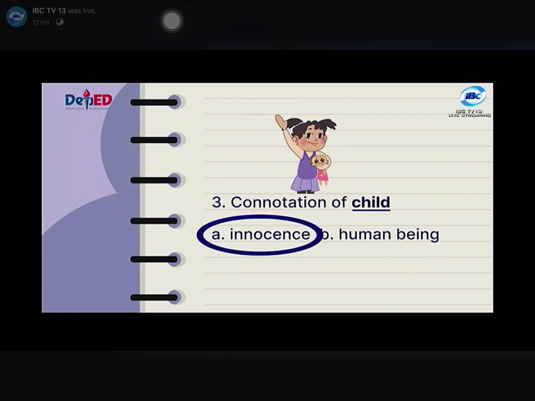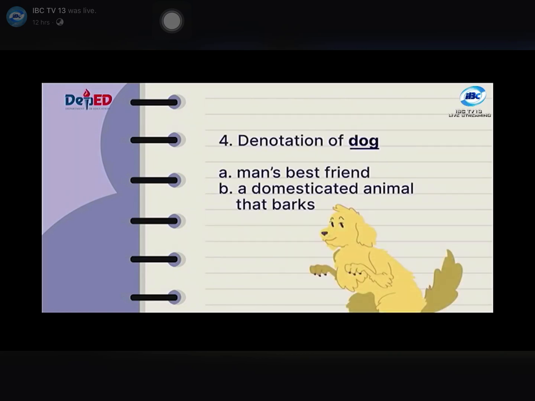Now, let's go to the denotation meaning of the words. Dog. Its meaning in the dictionary is man's best friend or a domesticated animal that barks. Correct!